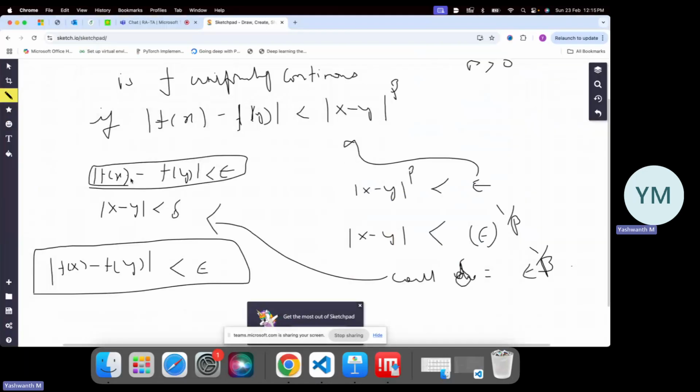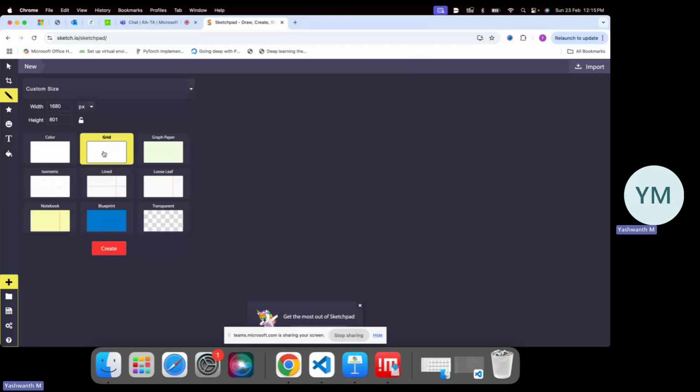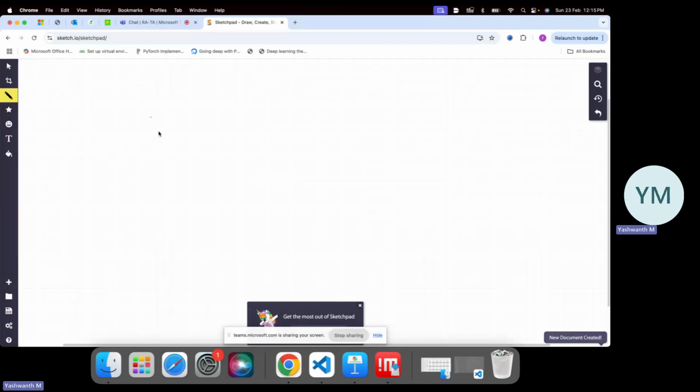So we'll do a quick review of convex sets. Say this is the set, domain A. Take a point x and a point y.